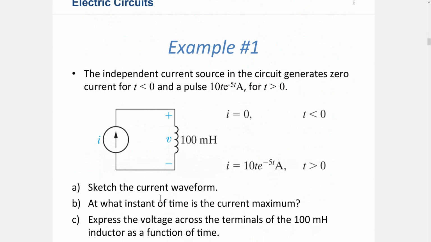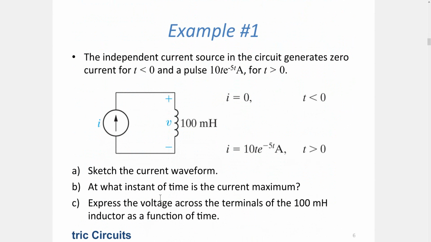Let us take a closer look at the inductor through an example, so that we can understand how the current and the voltage behave over the component. Let us assume that we have an independent current source connected to a 100 millihenry inductor, and the independent current source in the circuit generates zero current when the time is smaller than zero.